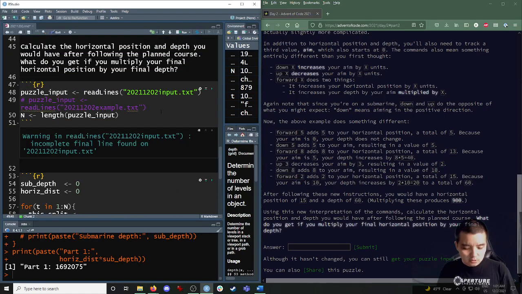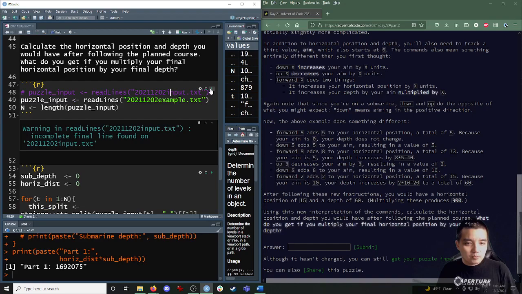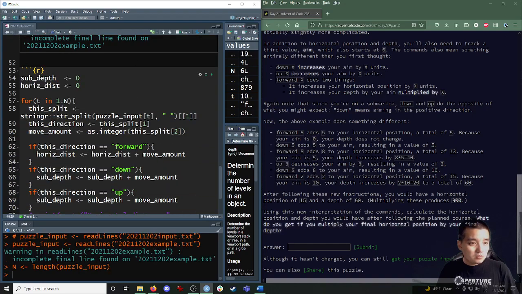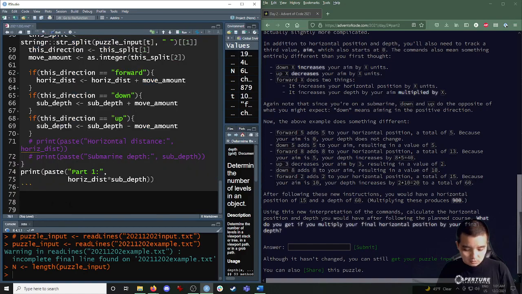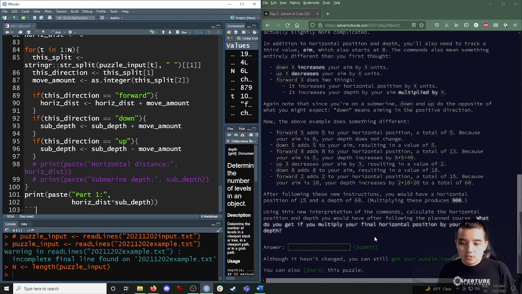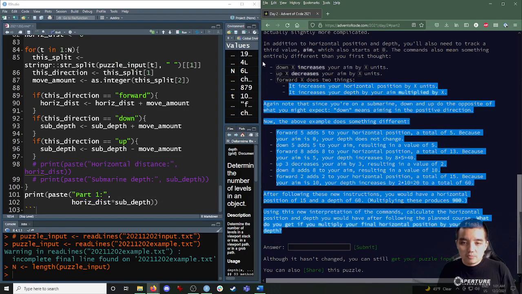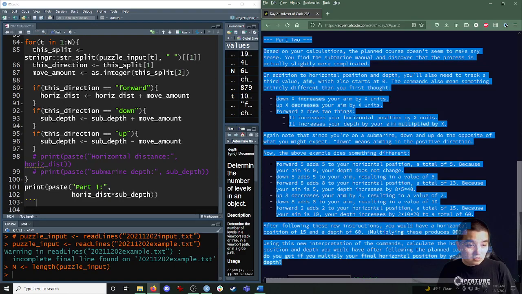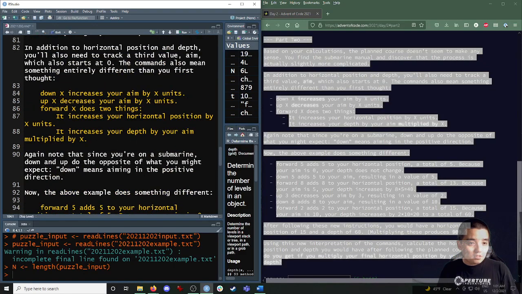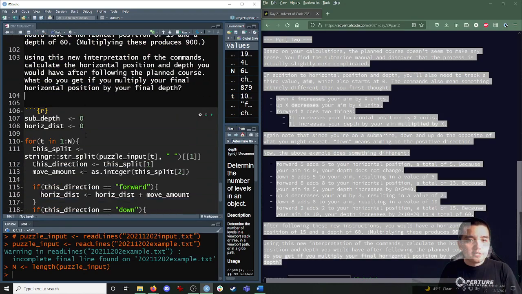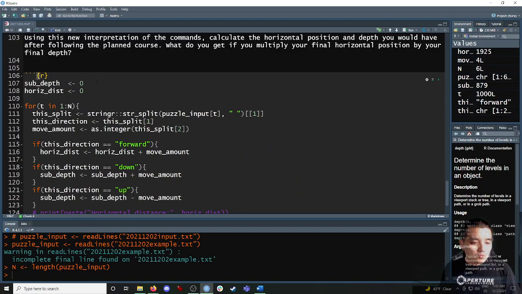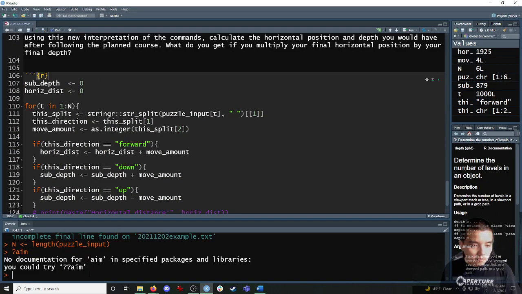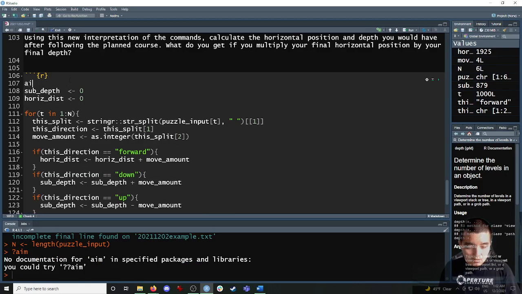So once again, I'm going to toggle on the example. I think most of the code is recoverable. Oops, and I still like to copy and paste the documentation. So what are the changes we need to make? Well, we need a variable for aim, which also starts at 0.